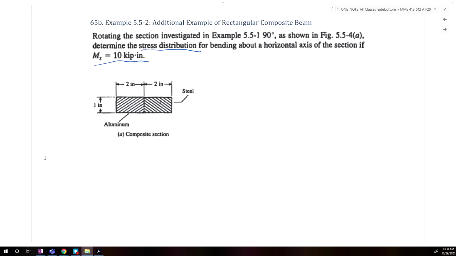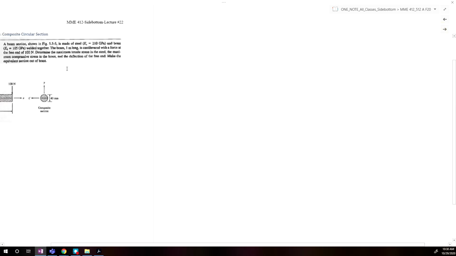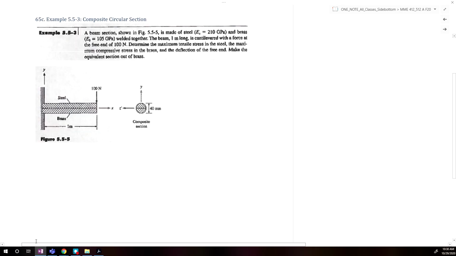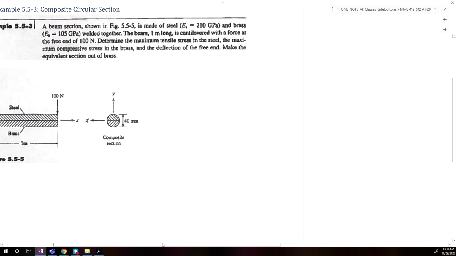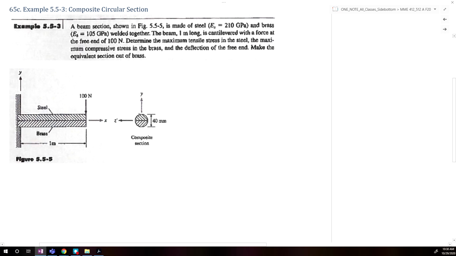For the second problem, we had a slightly different type of beam. We had a beam with a round cross section.